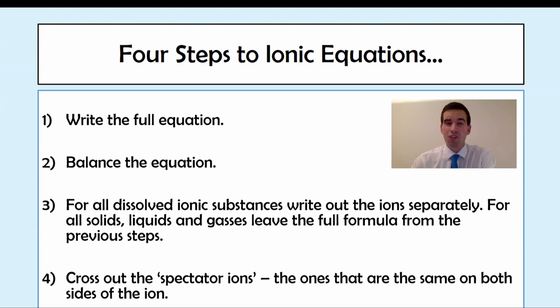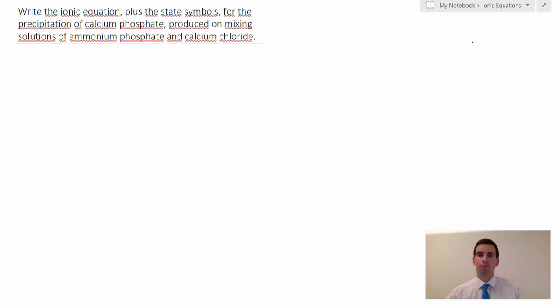And then you cross out what are called spectator ions. This is when there is the same ion on both the left and right hand side of the arrow. Okay, so this should make more sense if we look at an example. So the example we're going to look at is a precipitation reaction between ammonium phosphate and calcium chloride to produce calcium phosphate and ammonium chloride.